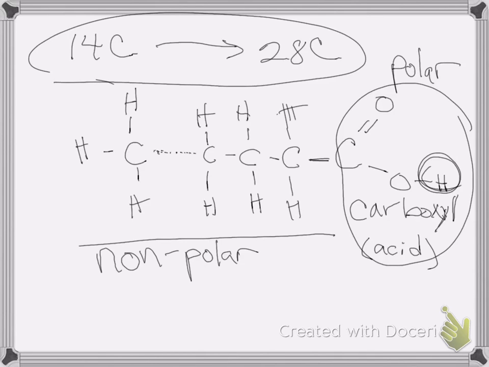And when I attach that to my glycerol, I attach it with that carboxyl group. So what happens to the polarity of my fatty acid? Just that one little part was polar, and I took it off. I took the polar part off of it when I attach it to the glycerol.